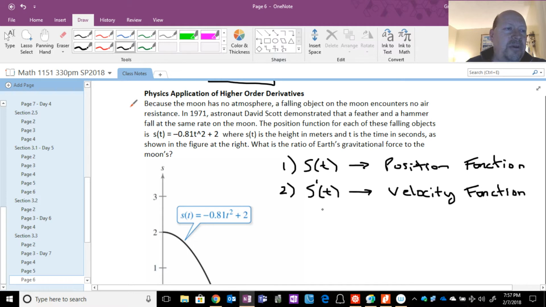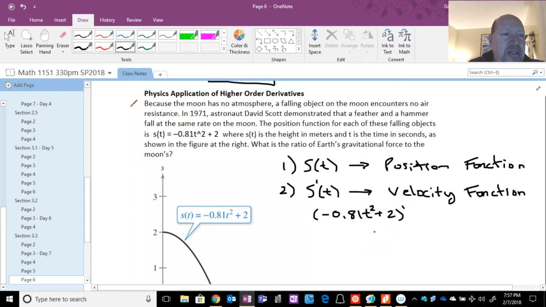Now let's go ahead and differentiate this, negative 0.81t squared plus 2.